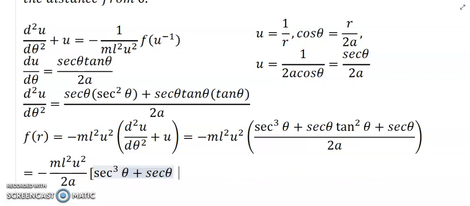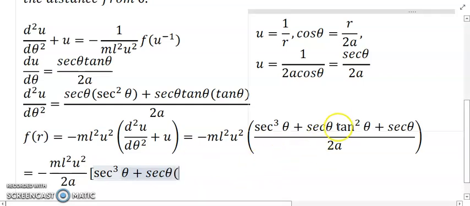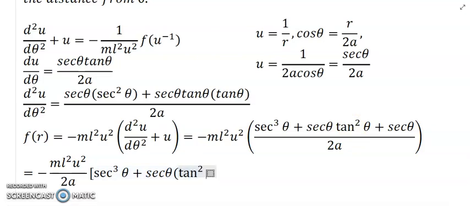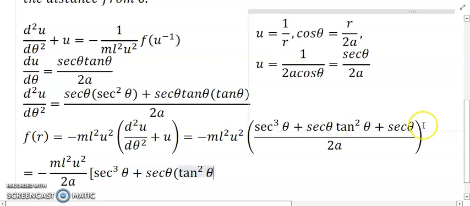Taking secant theta outside, inside we will have tangent squared theta, and here we will be left with 1 plus 1. Yeah, we will have it like this.